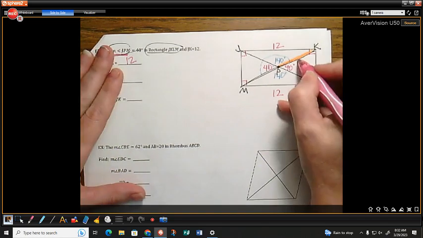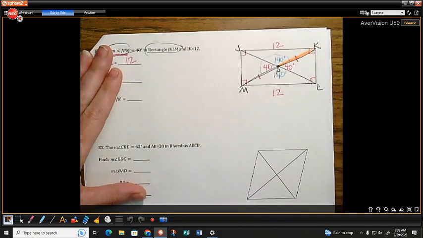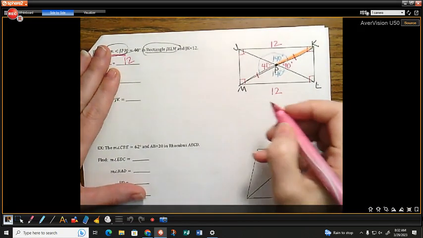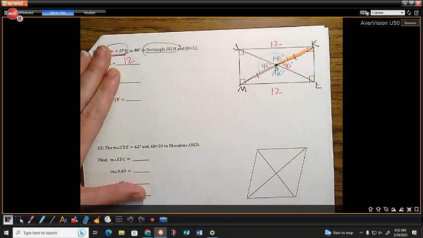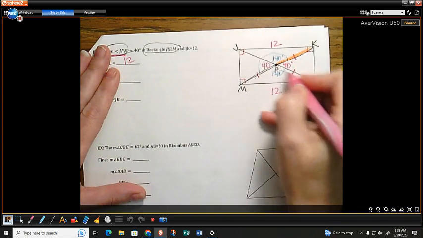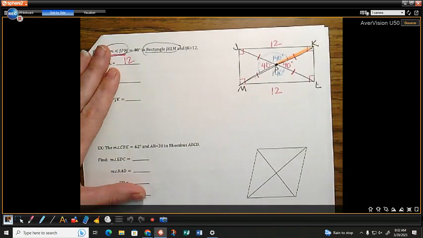They bisect, so yes. But wait, what else is true about the diagonals? They are congruent. And so if these are the same length and this is congruent, wouldn't these also be the same length?